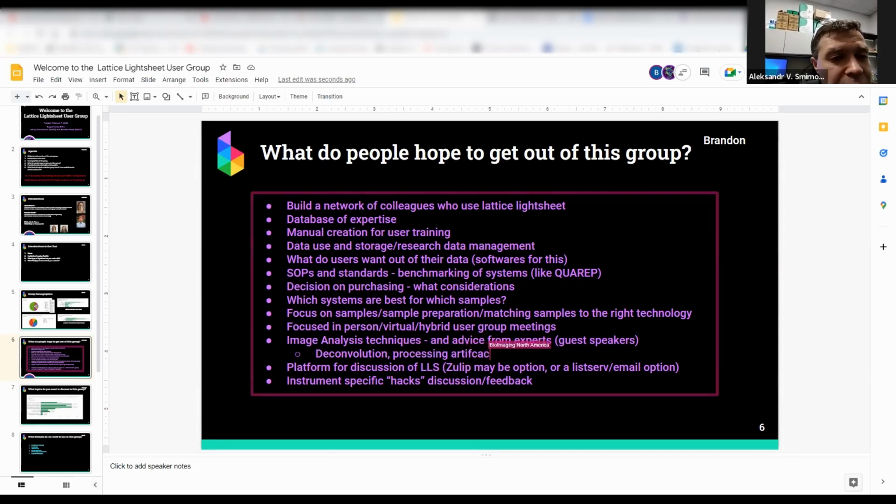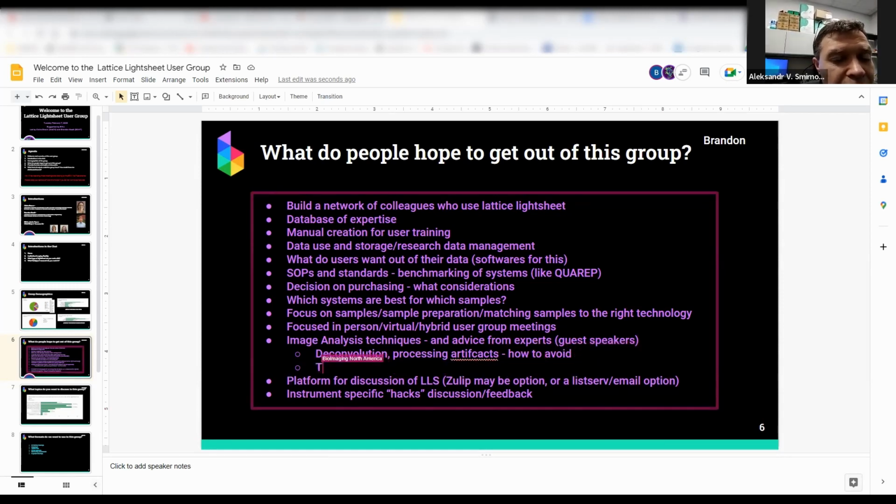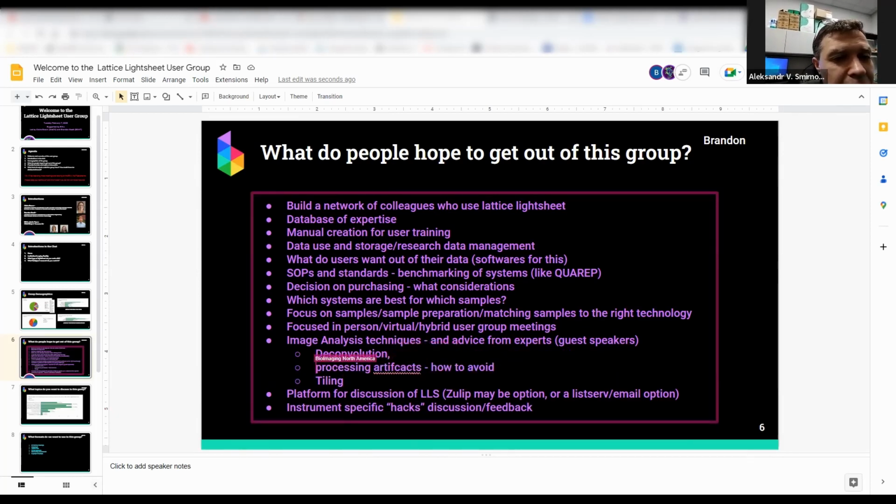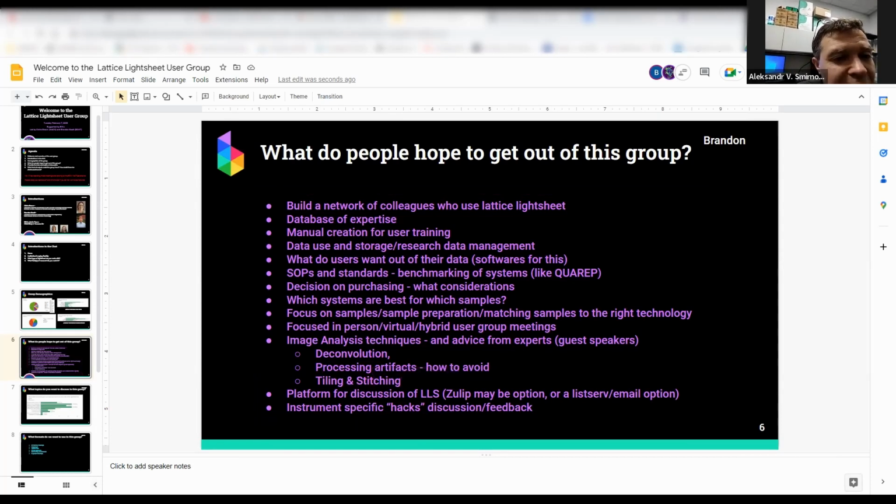So things of that nature. Also tiling, we do a lot of tiling, and I think the software is not perfect. Sometimes you see bugs coming up. So some experience with tiling and stitching. We also do expanded microscopy samples on thick slabs of tissue. So 3D tiling actually for those.